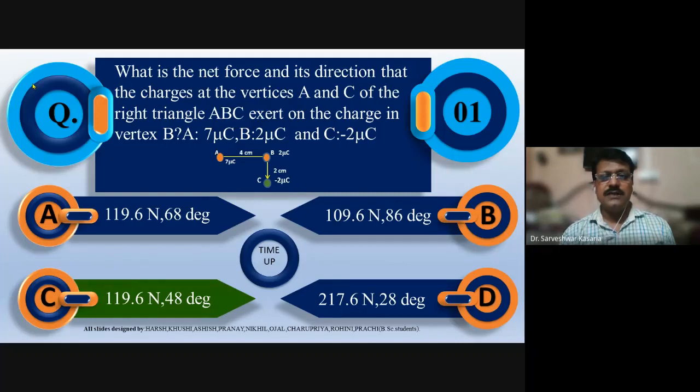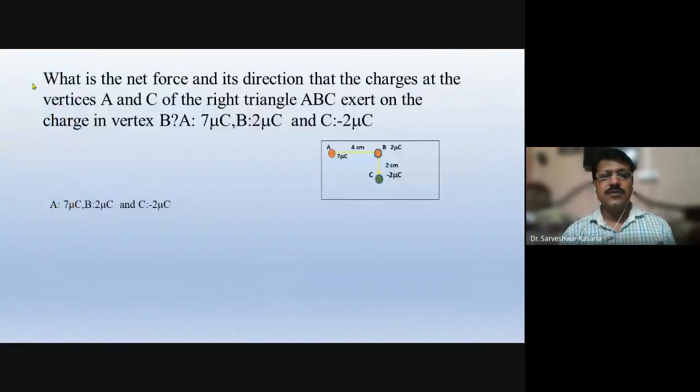So let us see how to solve this problem. So here is the problem. The charges are situated as shown in figure. Here the concept is Coulomb's force. And here we use the concept of resultant of force, that is addition of vectors.